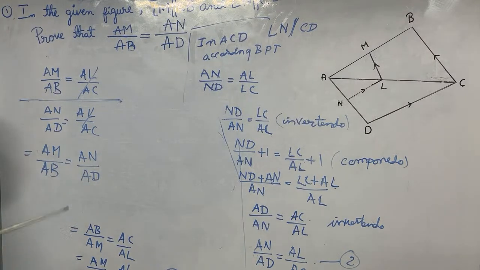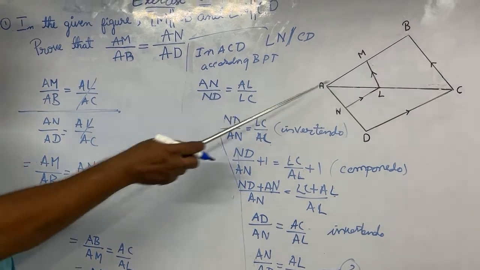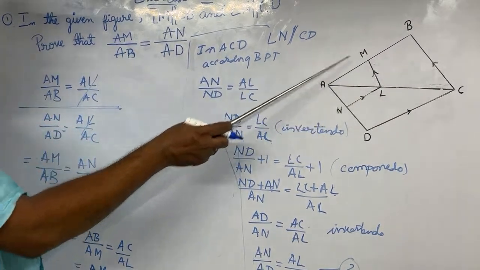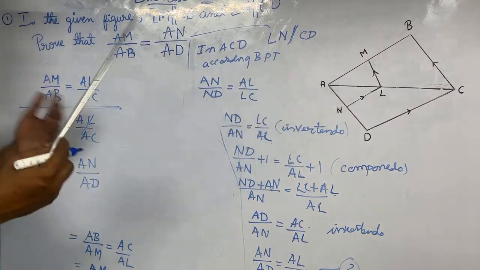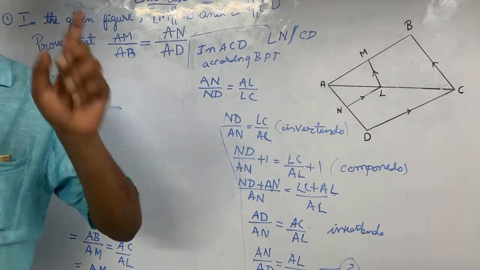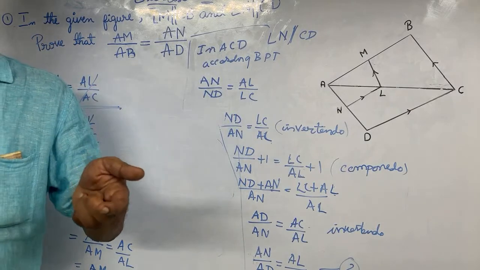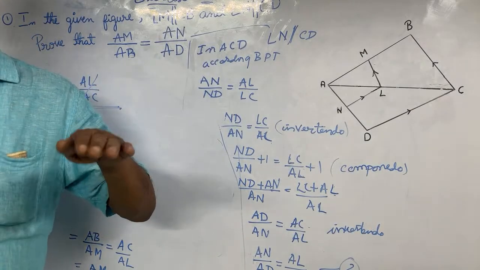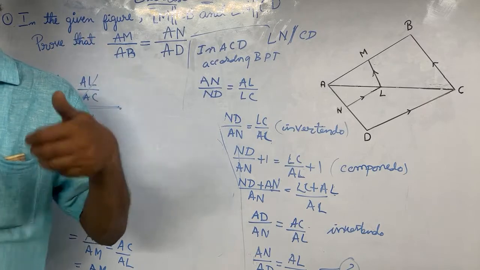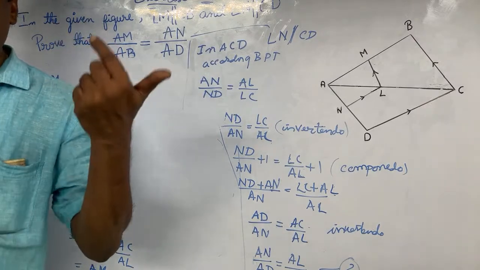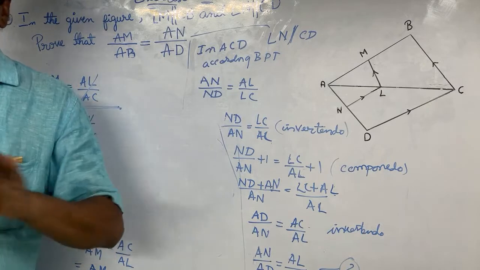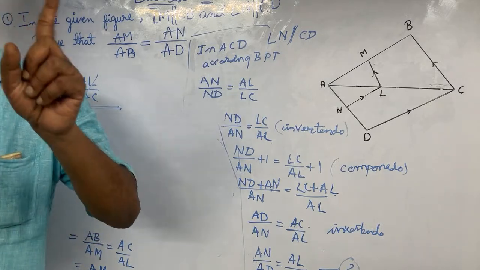Here, only a few things you have to remember. Take one triangle and take the ratio. After taking the ratio, the first step is invertendo, the second step is componendo, after componendo you take the LCM, and after completing the LCM you do invertendo again, because earlier you did invertendo. Whatever ratio you get, that is equation 1.